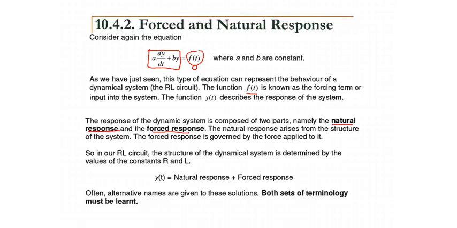And you can consider these two things to be independent, and you can just add up the two results together. So you can add up your natural response and your forced response, and that will be your total solution. That seems a bit of an odd thing to say, that you can simply just add these two things together, that they don't interact.